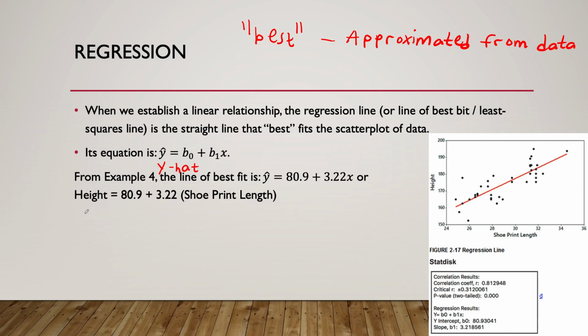Alright, b sub 1 is the slope of our regression line, and b sub 0 is the y-intercept.